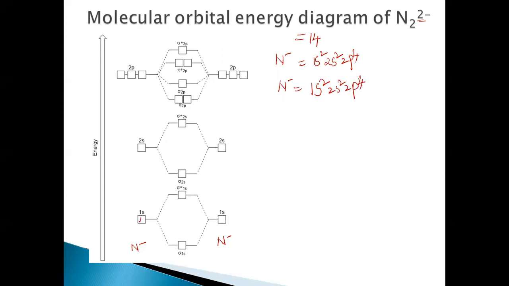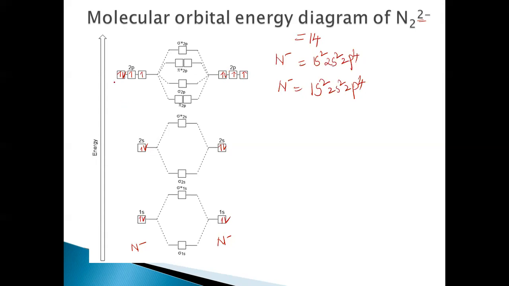So I'll fill up these ones. 1s2, 2s2, 2p4, 1s2, 2s2, 2p4.